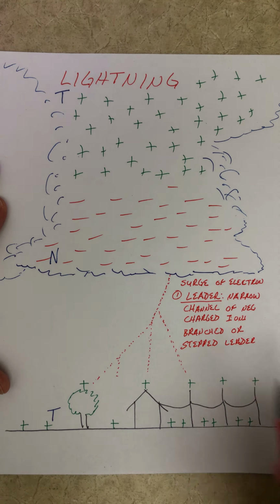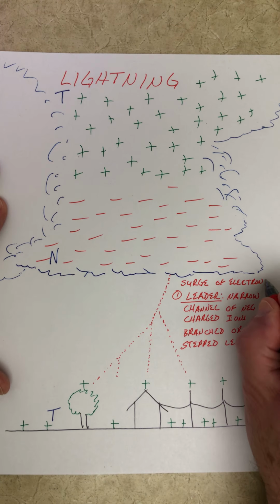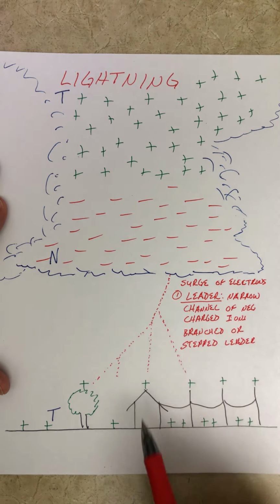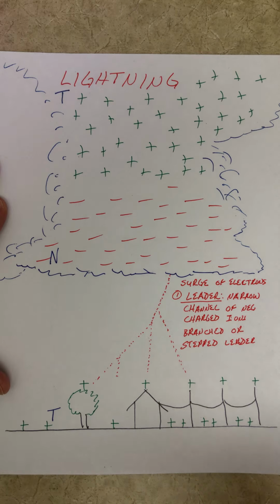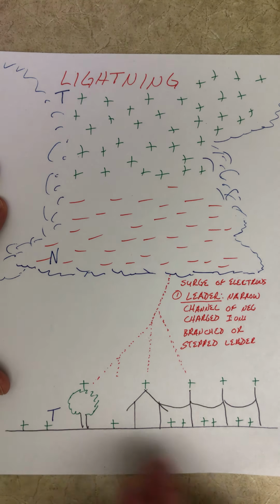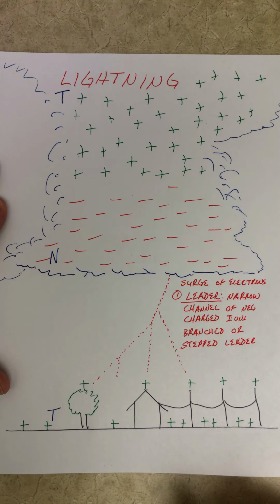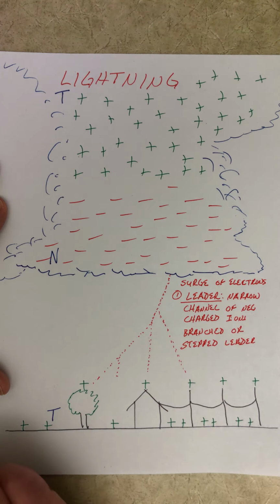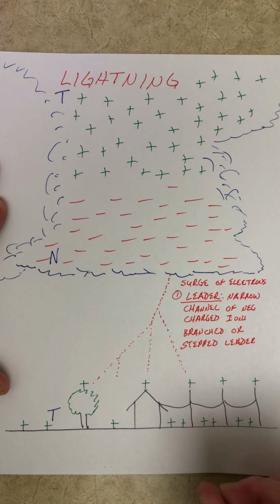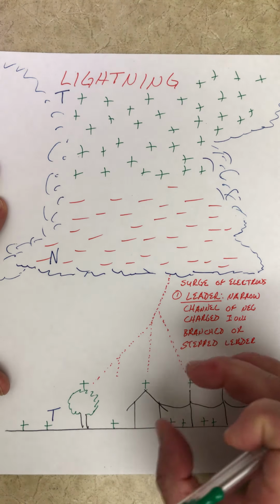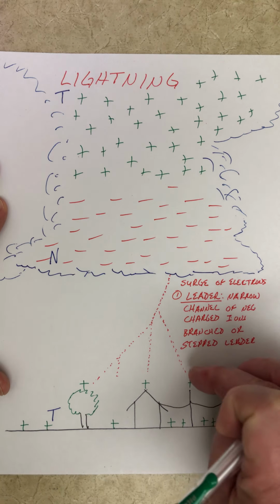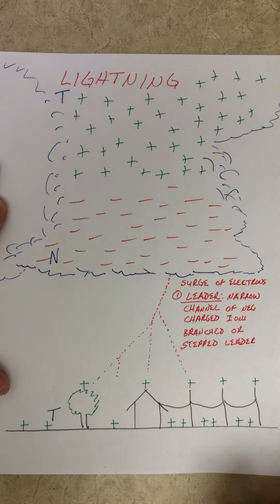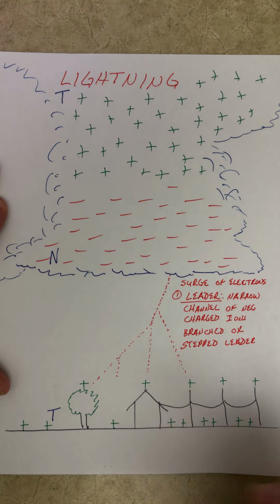Okay, and so these negatively charged ions are making their way towards the Earth's surface, where you have positive charges. Okay, as the negatively charged particles make their way down towards the surface, just like a magnet, opposites attract. The negative charges are going to pull the positive charges from the surface up towards them.